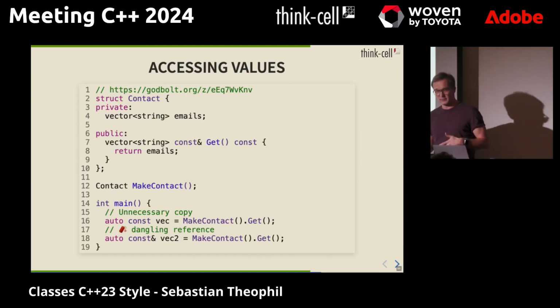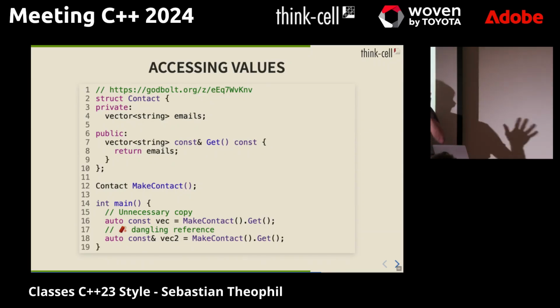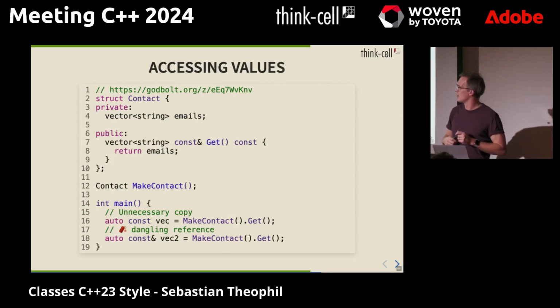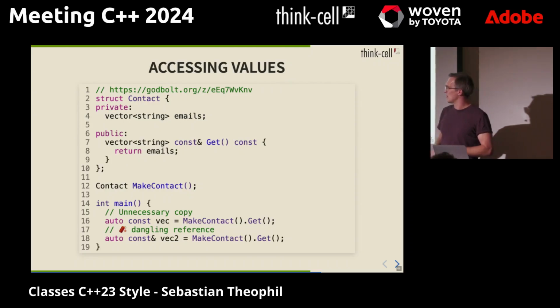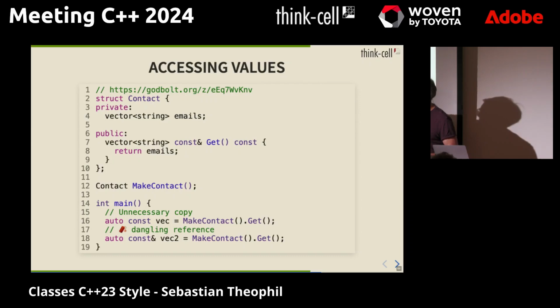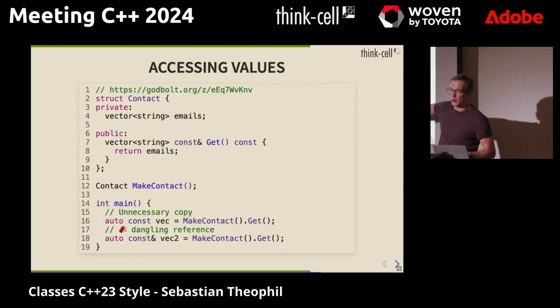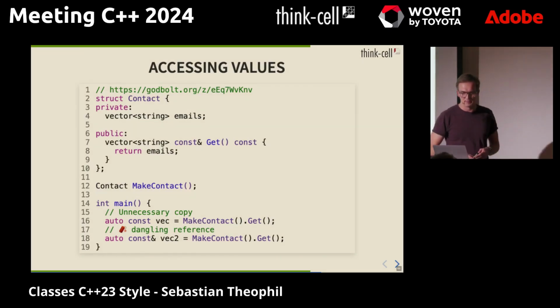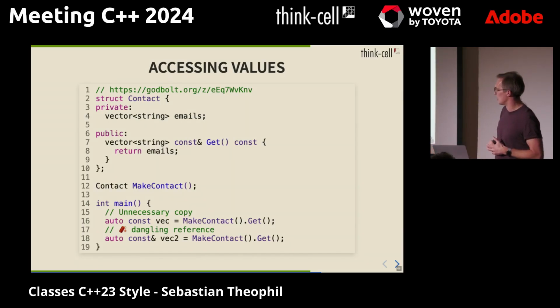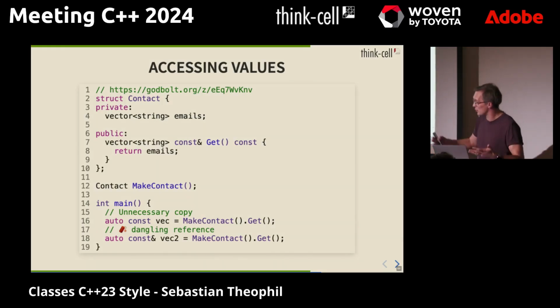And if you thought in generic programming contexts that you could write this because there's this thing called temporary lifetime extension, then you would produce dangling references because this doesn't work. It compiles, of course, but it doesn't work. So this would work. It would keep the contact temporary alive, but now we're returning a temporary and getting a member of the temporary, and this thing will be constructed, and we are holding a dangling reference. And unfortunately, this was, especially in generic code, when you didn't want the copy, relatively easy to write.